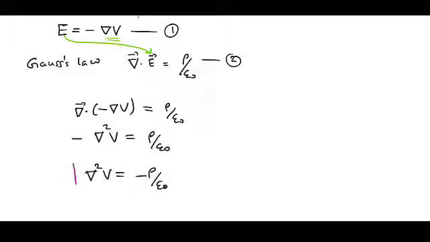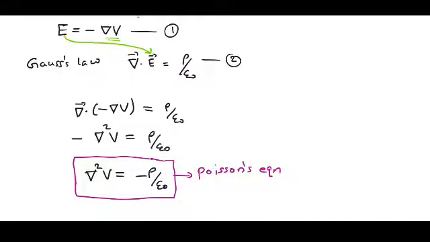This equation is called Poisson equation. If you know the electric potential in a region, then you can find out the charge density rho in that region. That is the beauty of this equation.